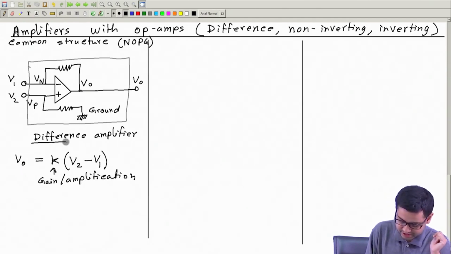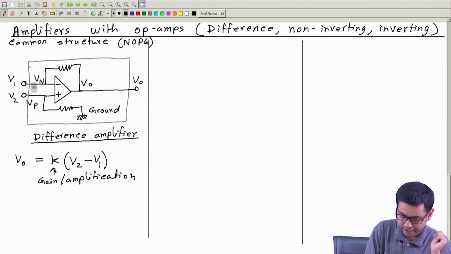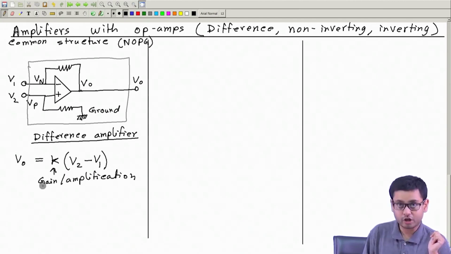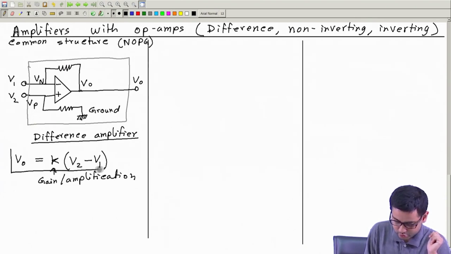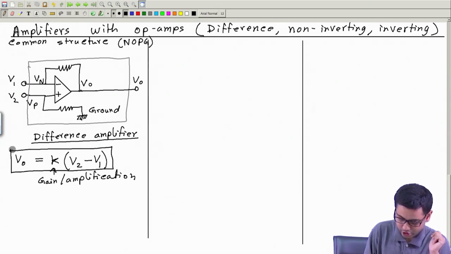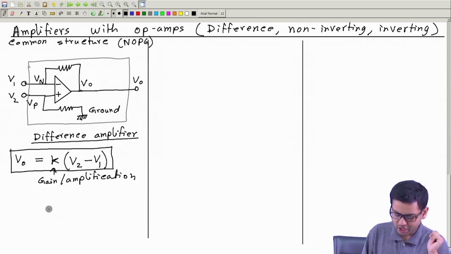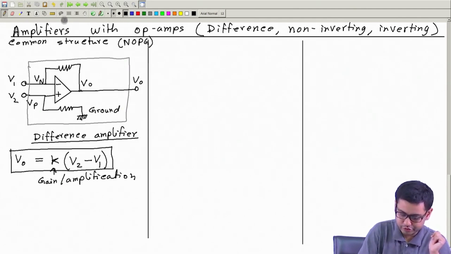So this is how a difference amplifier looks. You just have to remember this rule, NOPG: negative to output, positive to ground. And what it does is give an output proportional to the difference of the two inputs. This is the input-output relationship.